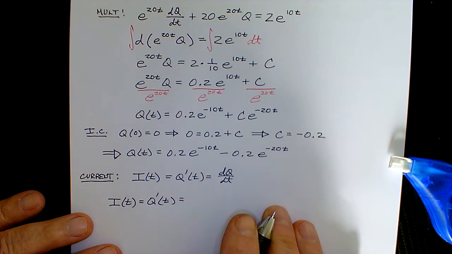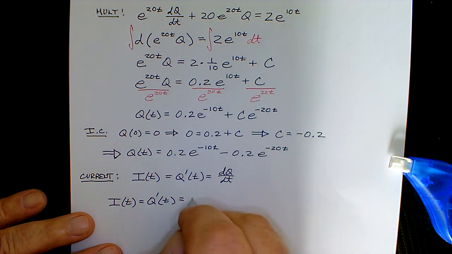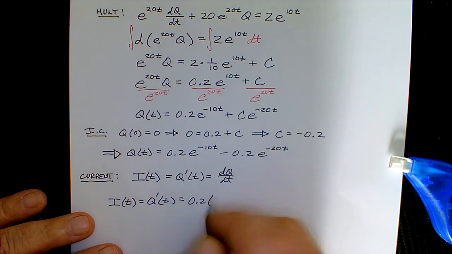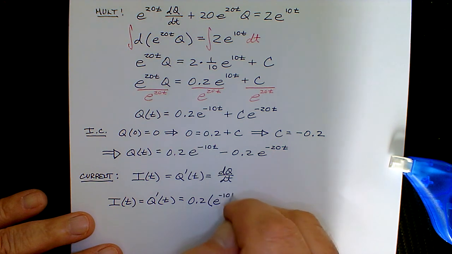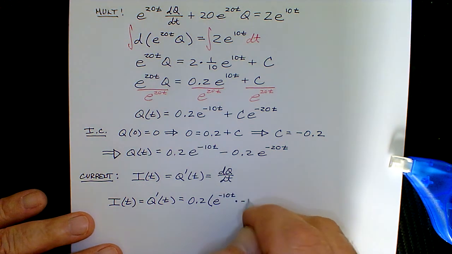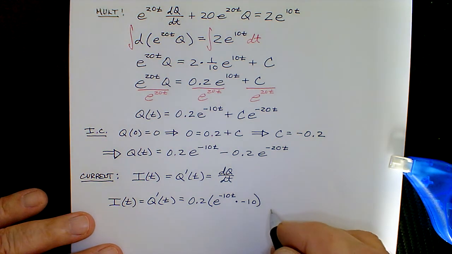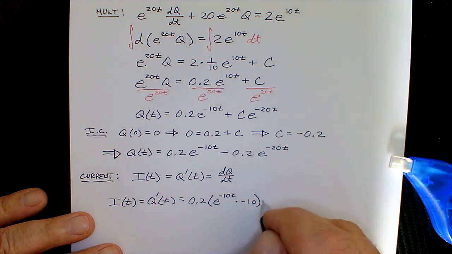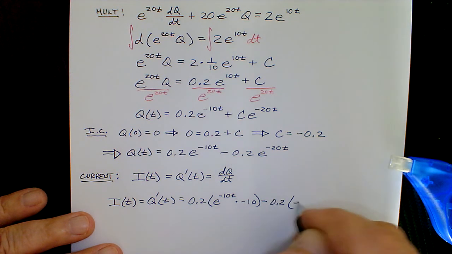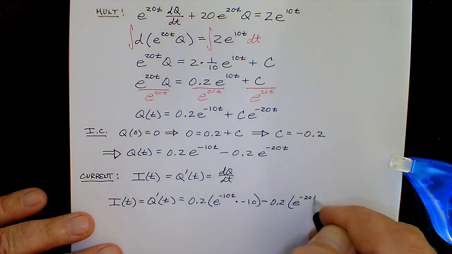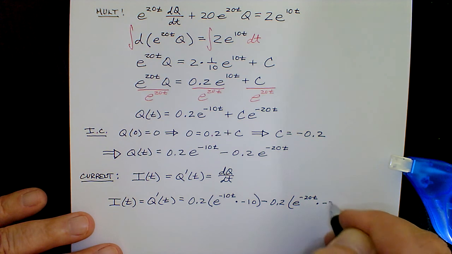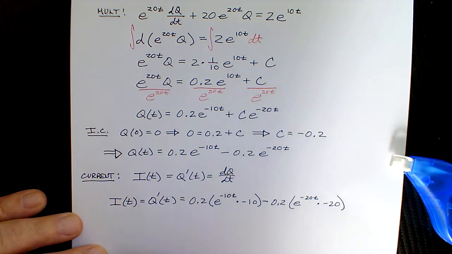Okay, so make sure you put yourself in the differentiation mode here. 0.2 derivative of e to the u, so just recopy, e to the negative 10t, but then don't forget, times the derivative of the power on the base of e, or the derivative of negative 10t with respect to t, which is negative 10, and then similarly we have minus 0.2 derivative of e to the negative 20t, e to the negative 20t times negative 20.